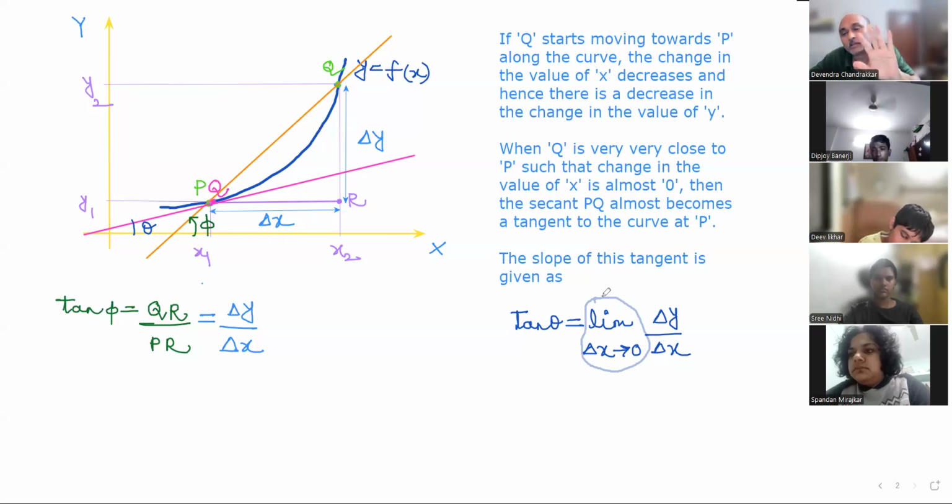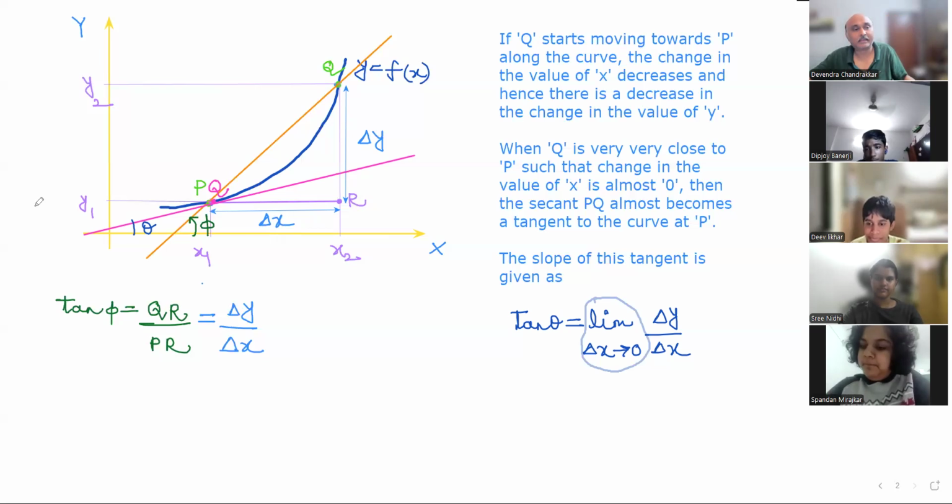It is not becoming 0. Because if delta x becomes 0, what will happen? That ratio will become not defined. Delta y by delta x becomes not defined, isn't it? Yes, sir. So remember that delta x has to tend to 0. And this is now equal to, in short, we write it as dy by dx.